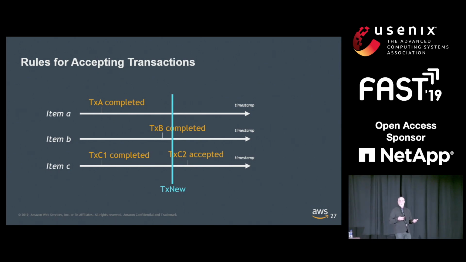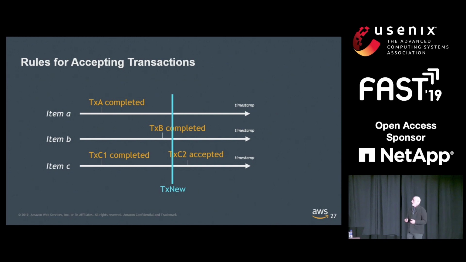It can accept it based not only on the conditions it has to check, but also on its history of transactions that it's seen in the past. These acceptance decisions are made independently at each storage node. This is a property that I call independent serializability, and it's a very important property, as you will see, for the operation of the system.